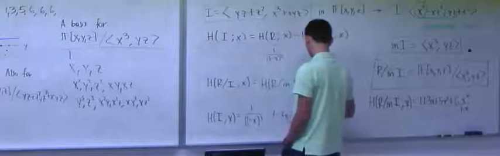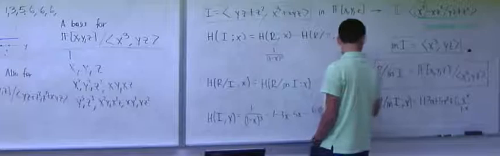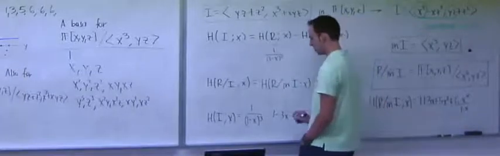And that means that the Hilbert series that we wanted is 1 over 1 minus x cubed, minus 1 minus 3x minus 5x squared minus 6x cubed over 1 minus x.